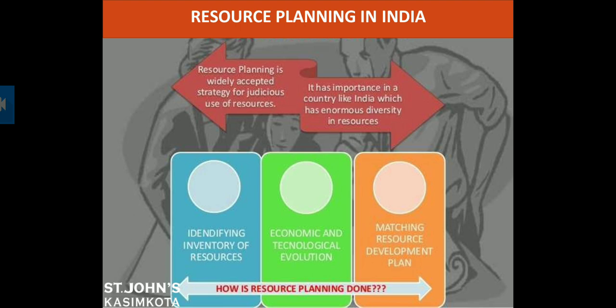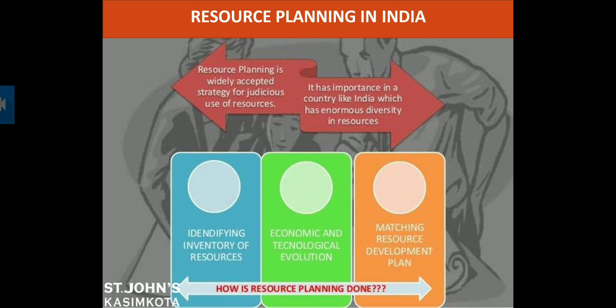So, resource planning in India. It is a complex process which involves 3 steps. Identifying inventory of resources across the regions of the country. This involves surveying, mapping and qualitative and quantitative estimation and measurement of the resources.